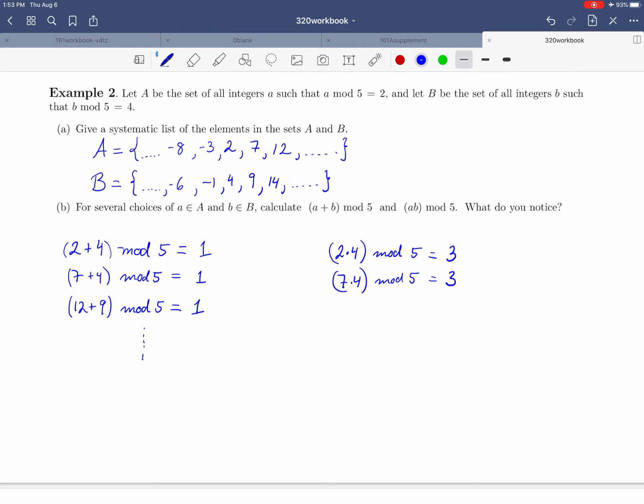So it's 3 again. And 12 times 9, you can do the arithmetic. If we're going mod 5, that is also 3. You can convince yourself that that is true. And for any other product of numbers, one from set A and one from set B, we would have gotten the same thing. So the answers are the same in each column.